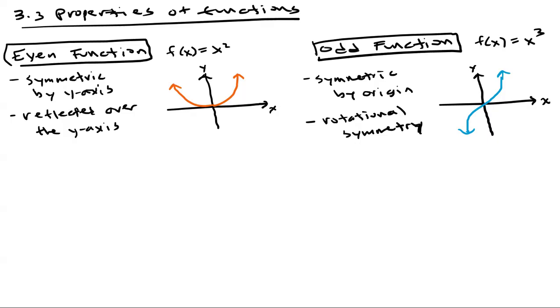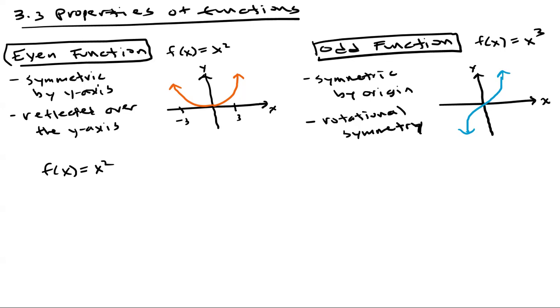Now, let's explore a little bit more about what it means to be an even function and an odd function. So if we have here f of x equals x squared, and if I pick, say, 2 points, let's say I have a positive 3 and a negative 3, what's going to be the output?